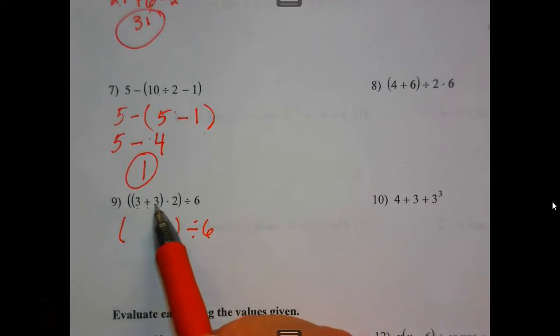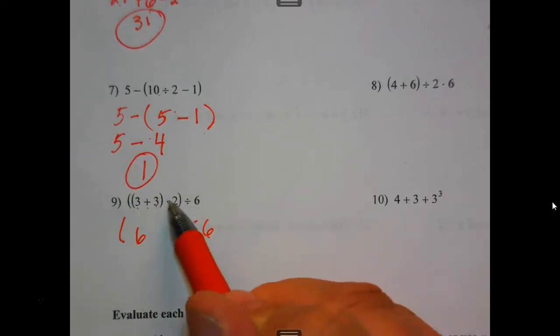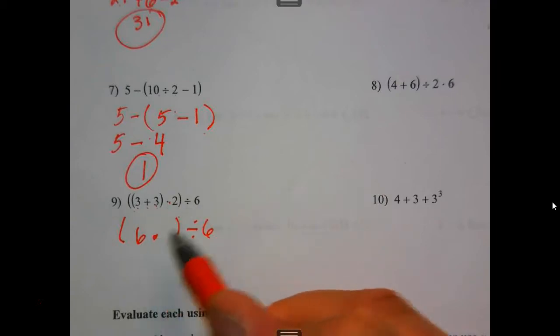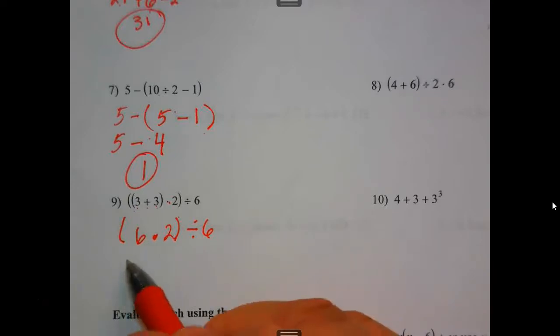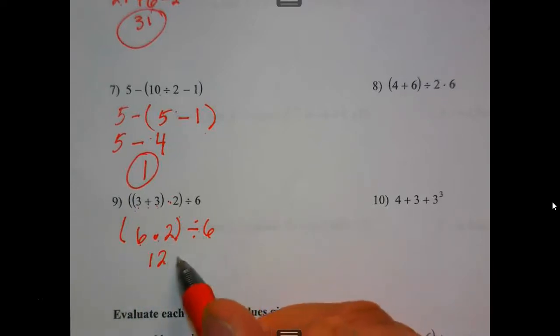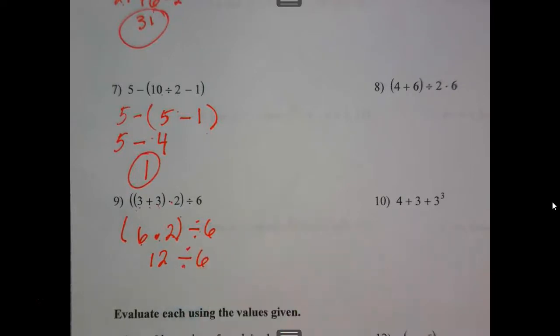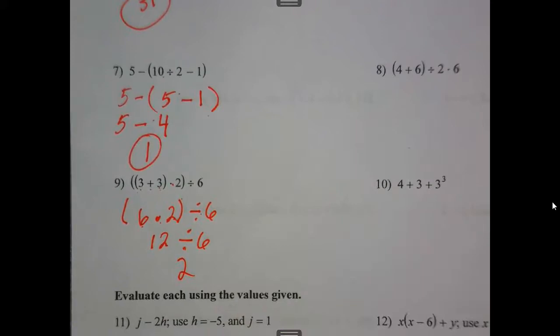So 3 plus 3 is 6, and times 2 divided by 6. Still have to do parentheses. 6 times 2. Bring down the divided by 6. And 12 divided by 6 is 2.